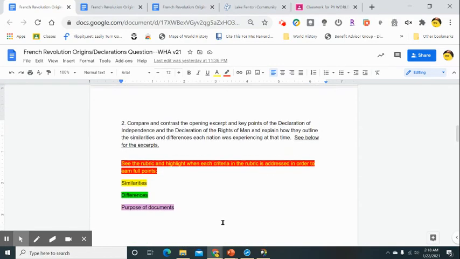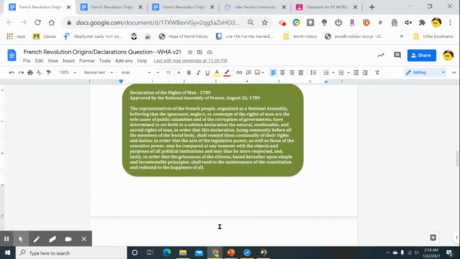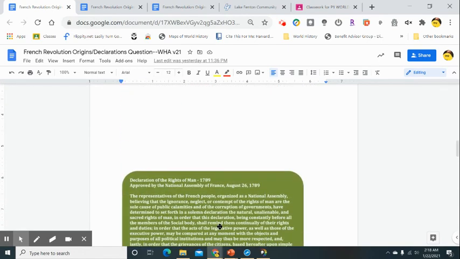Compare and contrast the key points made in the Declaration of the Rights of Man and the Declaration of Independence, the similarities and differences of what each nation was experiencing at the time, and what was the purpose of the Declaration of Independence.